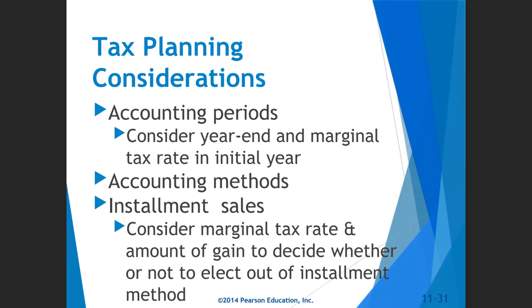Obtaining this is a tax planning consideration. Accounting period: a new corporation often routinely adopts a calendar year. Consideration should be given, however, to adopting a tax year for the initial reporting period that ends before the amount of taxable income exceeds the amount that is taxed at the lowest tax rate, when taxable income is 50,000 or less.